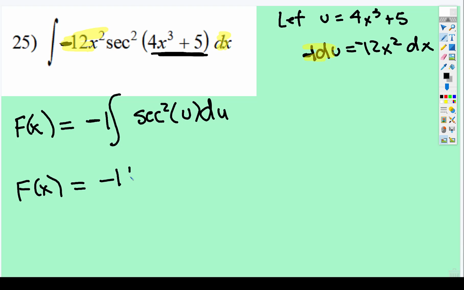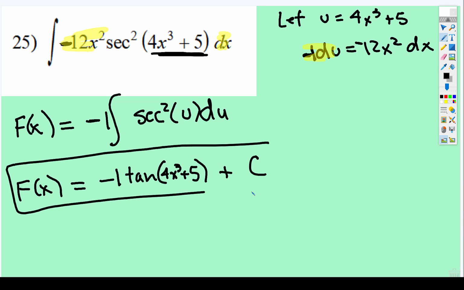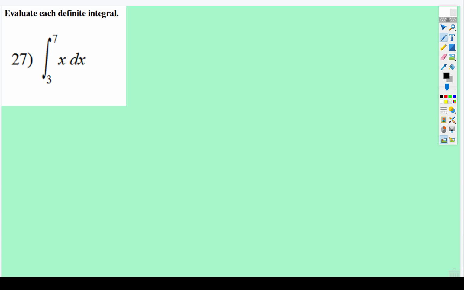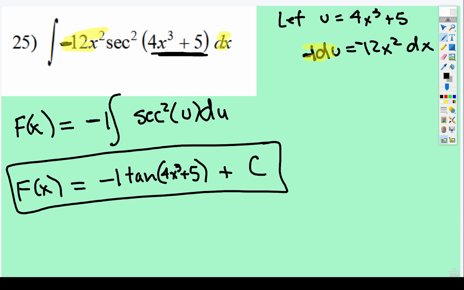So negative 1 tangent u plus uppercase C. It can get pretty dicey. Some of these still make me a little bit nervous. All right, I'm going to end that one and start a new one where we begin definite integrals.